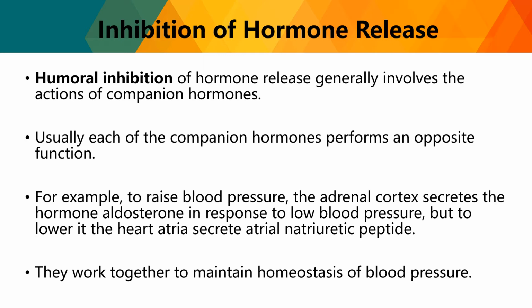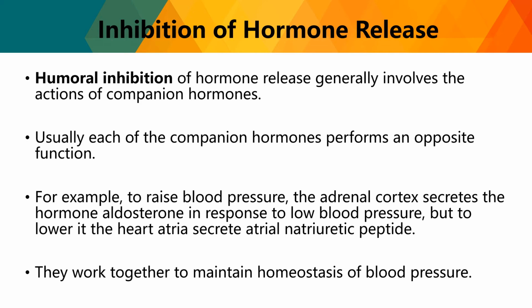So, kung mababa ang inyong blood pressure, nag-act agad si adrenal cortex to increase the amount of the hormone aldosterone. However, if the blood pressure goes up, the atria of the heart secretes the hormone atrial natriuretic peptide, which lowers the blood pressure. So therefore, aldosterone and ANP, or the atrial natriuretic peptide, work together to maintain homeostasis of the blood pressure.